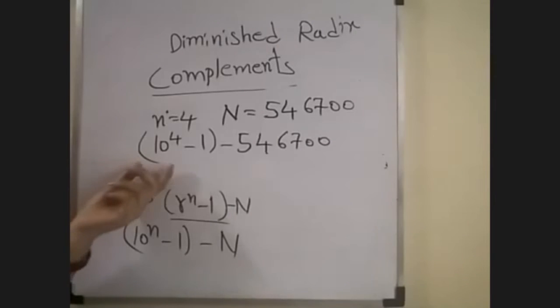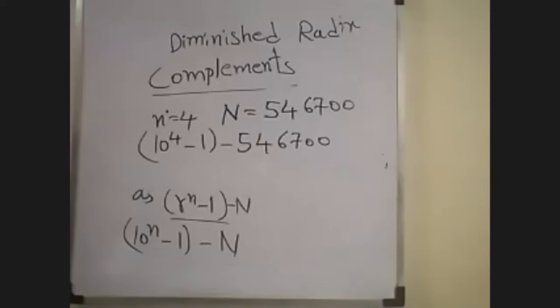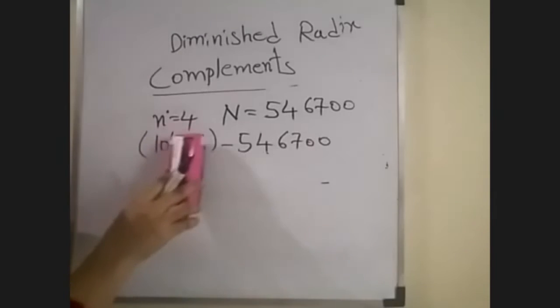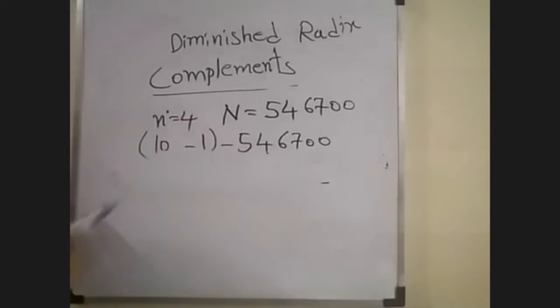So here 10 power 4 minus 1, what is the value? 9,999. How many nines will come? For example, take 6 here.